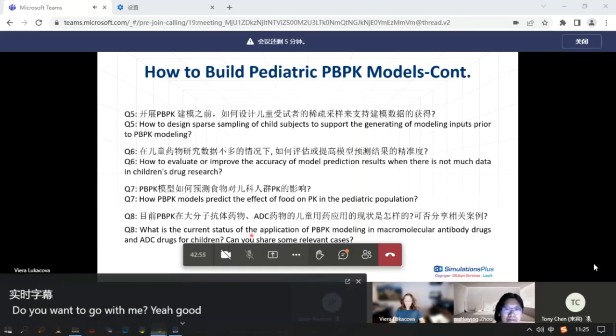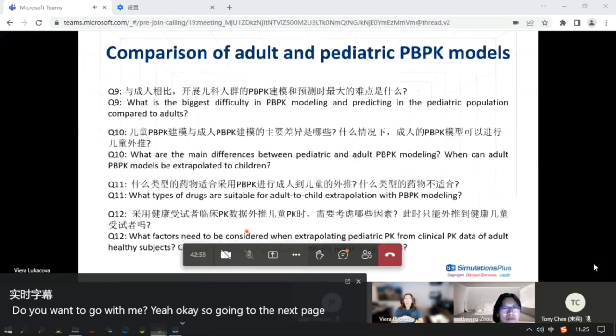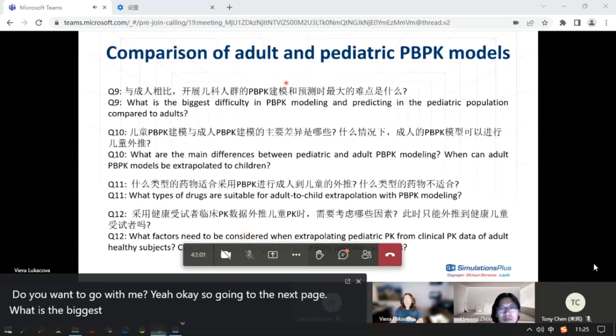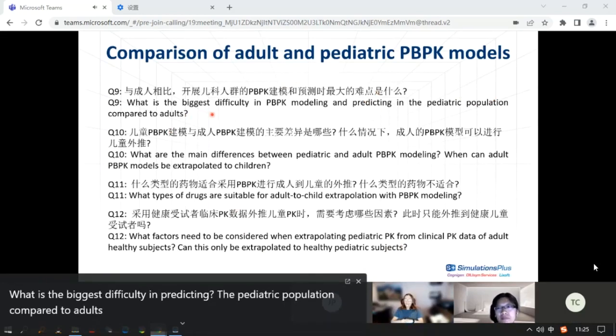Okay, so going to the next page. What is the biggest difficulty in predicting the pediatric population compared to adults? That really depends on what type of compound you are dealing with.